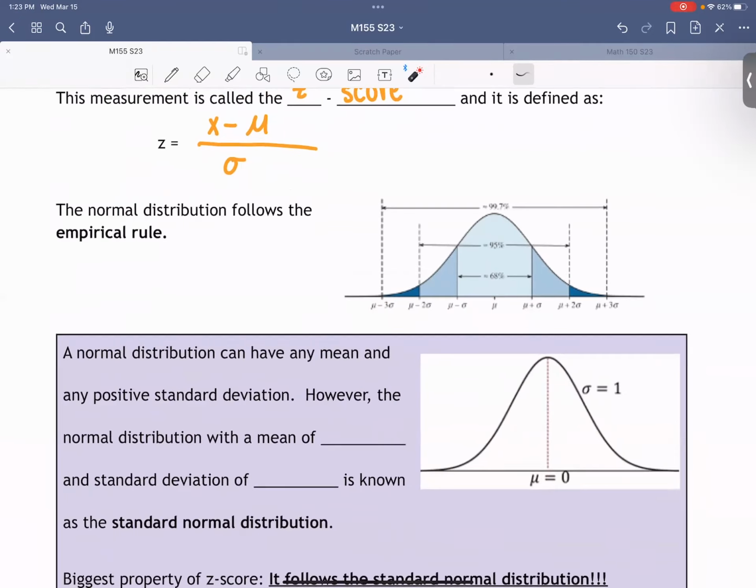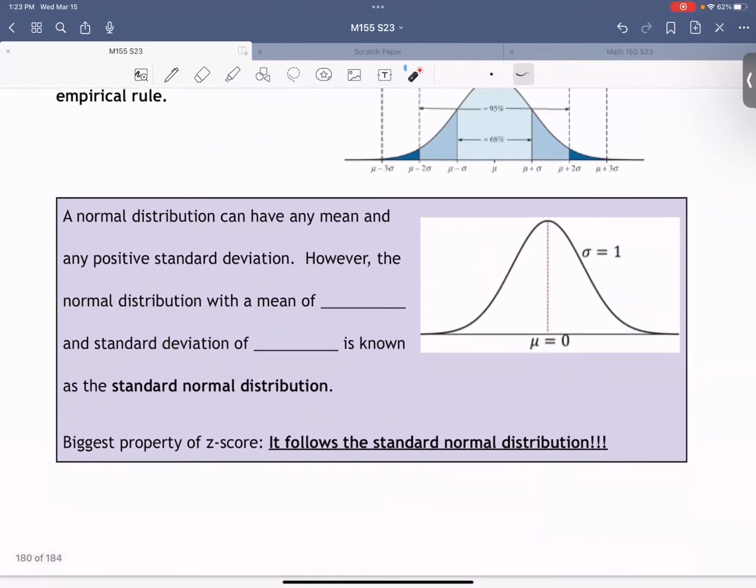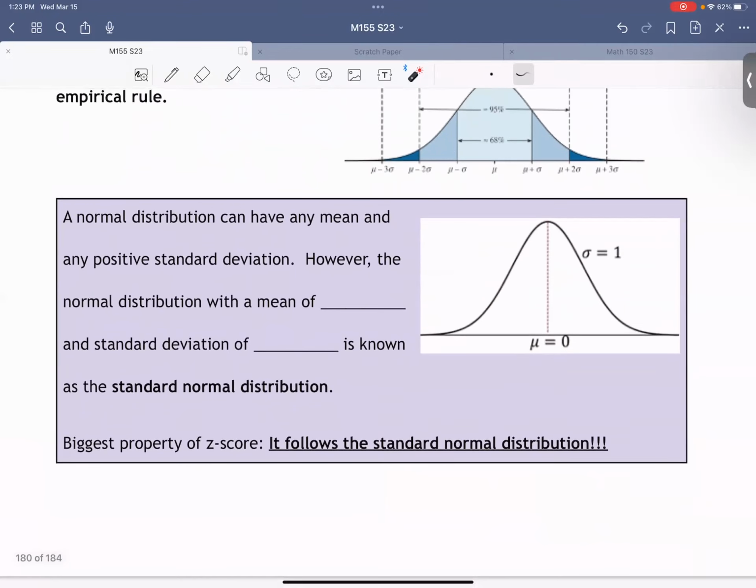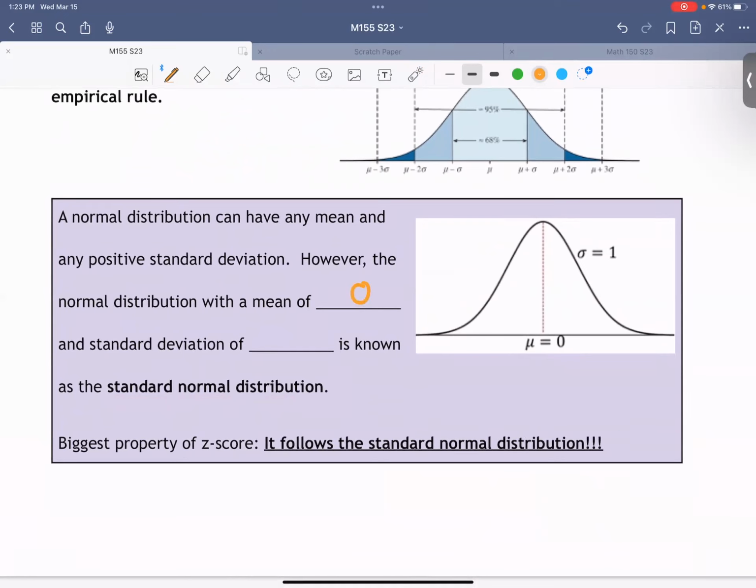Okay, before we go into that, I want to talk about a very special distribution, which we call the standard normal distribution, okay? This is the bell curve, but it has a very specific mean and a very specific standard deviation. The mean is 0 and the standard deviation is 1, okay? Whenever we talk about the standard normal distribution, we're talking about the curve with mean 0 and standard deviation of 1, okay?